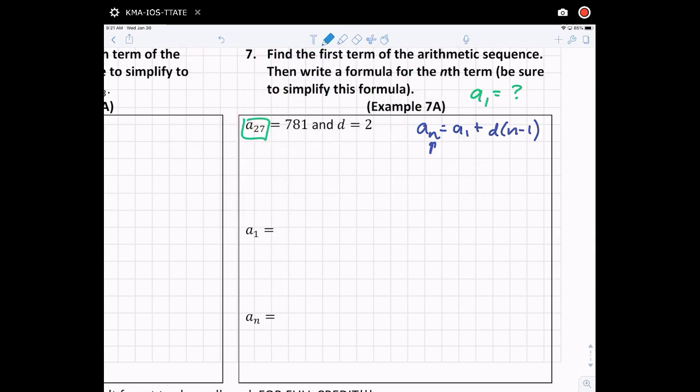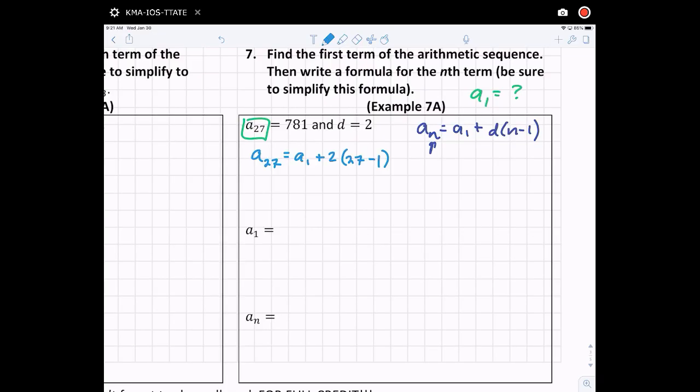Okay, but let's apply that here. I know a sub 27, so instead of n, I want to write a sub 27. Alright? Is equal to, I don't know my first term, so I'll just leave it a sub 1. They do tell me my difference. Since it's positive, I'm going to put a plus 2. What do I write in the parentheses? 27 minus 1.